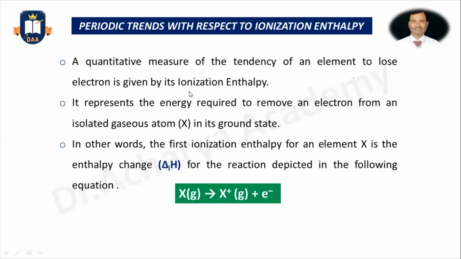This is the first ionization enthalpy for an element X, and it is generally written as the enthalpy change delta subscript small i, capital H. The capital H denotes enthalpy, which we learn in detail in the thermodynamics chapter.